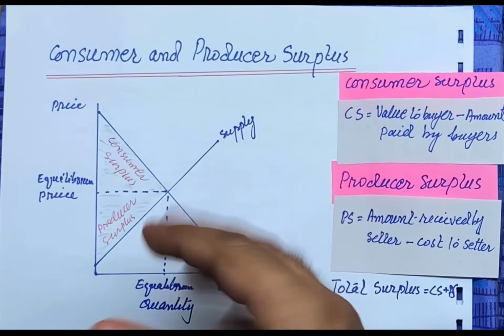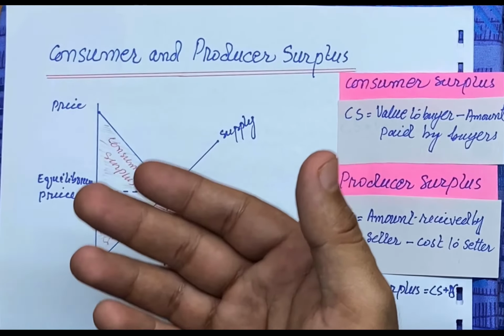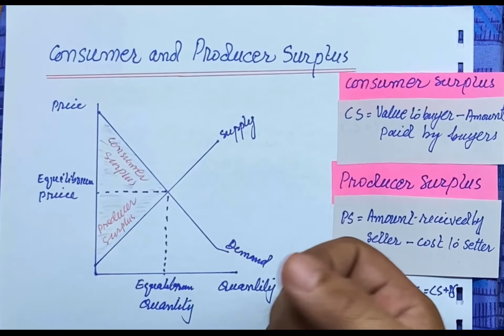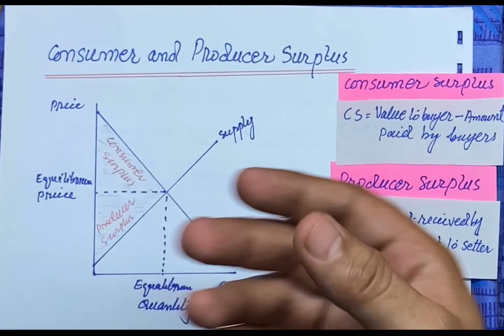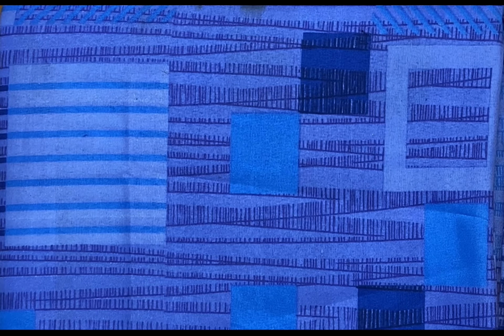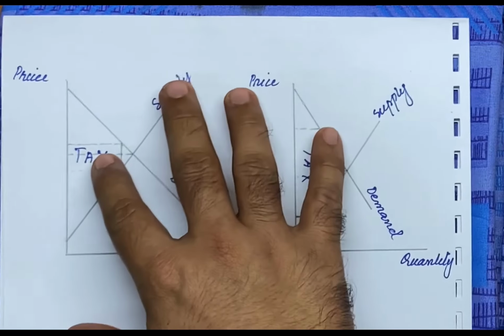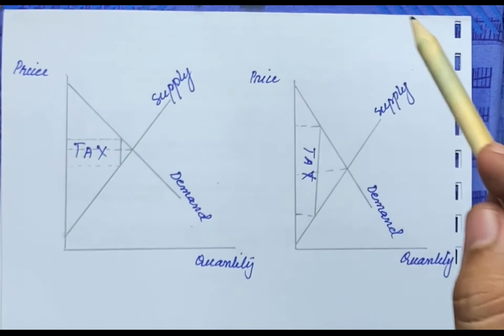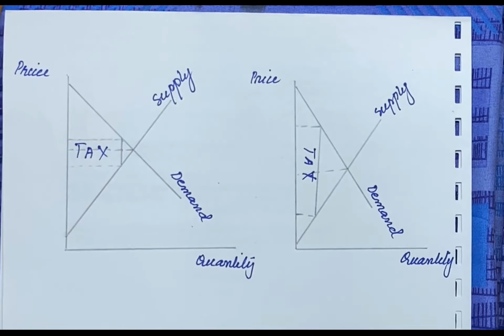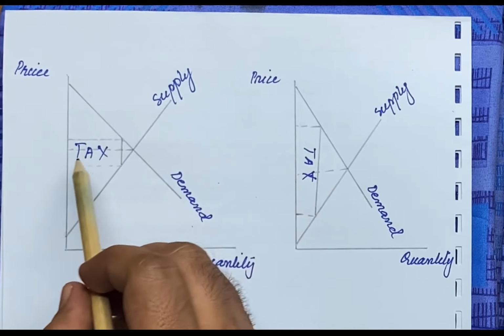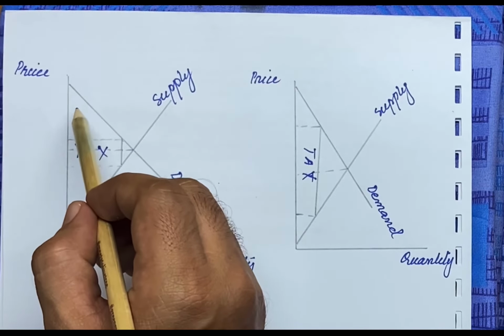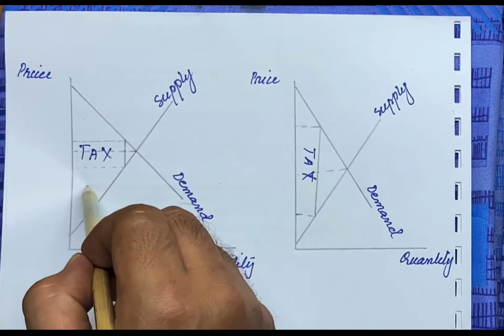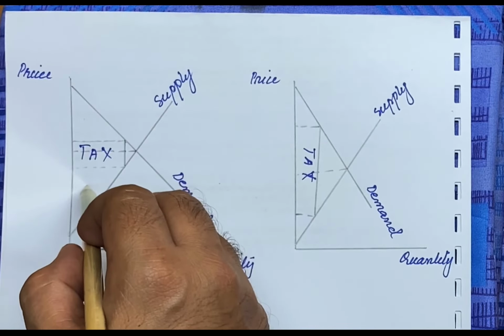But what if government wants to impose a different size of tax, or maybe our demand curve and supply curve are more elastic or inelastic? Then what will happen? For that understanding, if government wants to impose less tax, then only a small portion will go to the government revenue, and consumer surplus and producer surplus will still be quite large.